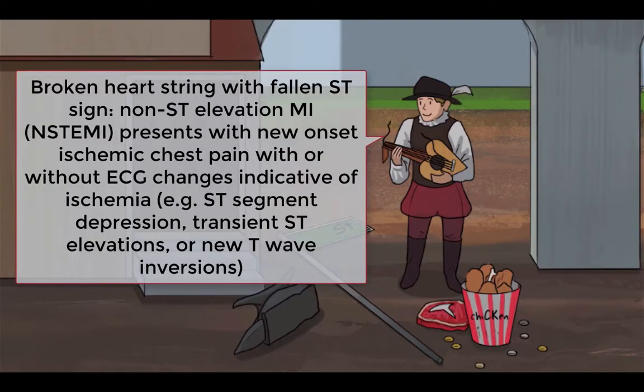Non-ST elevation MI, or NSTEMI for short, is actually pretty indistinguishable from unstable angina from the start. Again, the patient presents with new onset ischemic chest pain, with or without ECG changes indicative of ischemia, which include ST segment depression, transient elevations, or new T wave inversions.